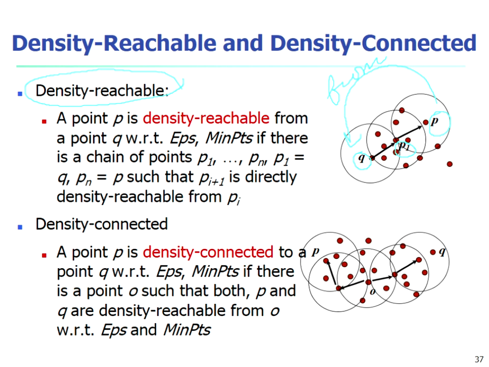So in our example, P is directly reachable from P1, and P1 is directly reachable from Q. So we can say that P is density reachable from Q. Is it clear?